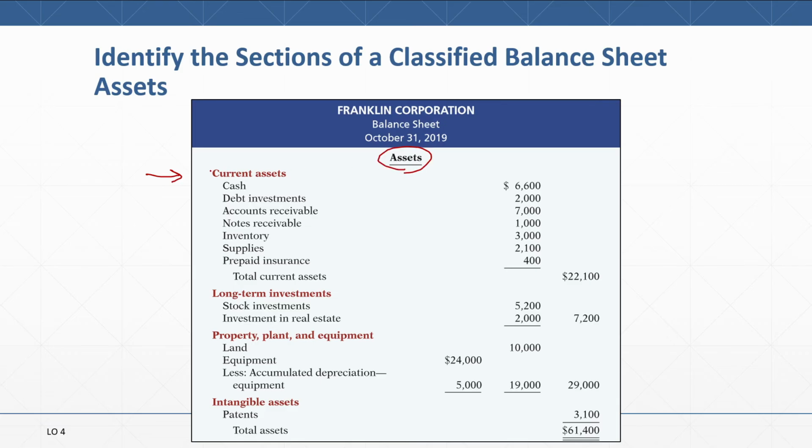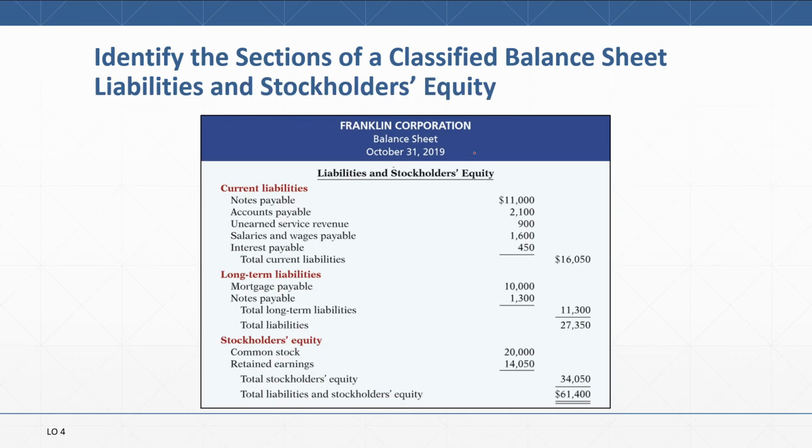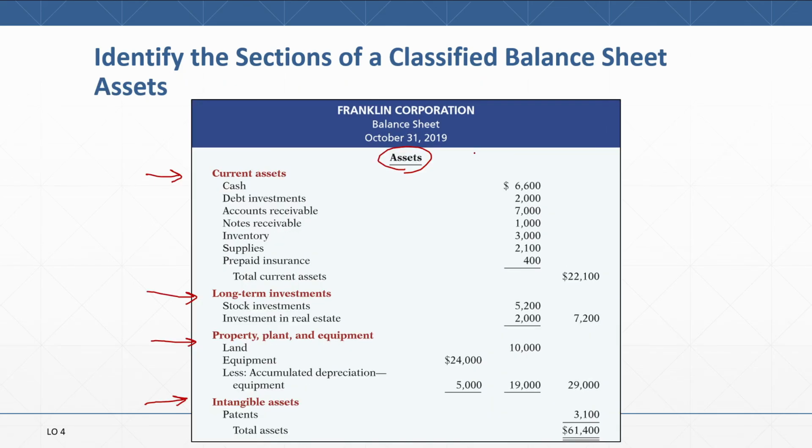Asset section starts with current assets, and then we report investments, then we report our fixed assets, and finally at the very end we report our intangible assets. You may ask, okay, where are the other ones, liabilities and equities? Well, they are here. So basically in this slide, I'm just showing the asset section of our balance sheet.